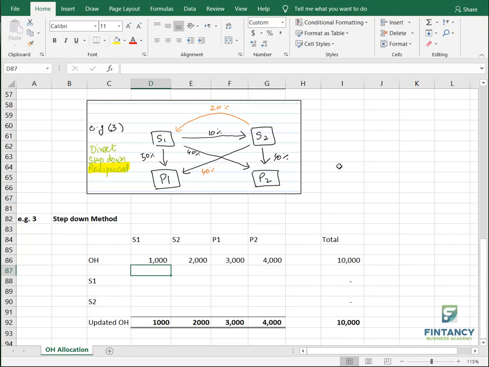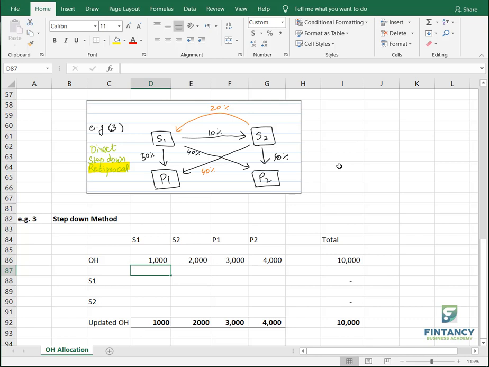S1 is also giving to S2, S2 is also giving to S1. So the question is which one to start with. This question will only come in step down method, that which service department to start with. Because this is confusion. I mean, shall I start from S1 or S2?